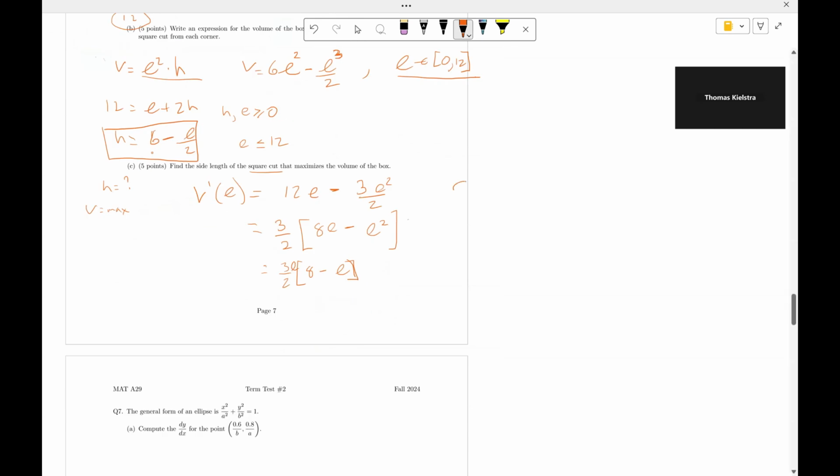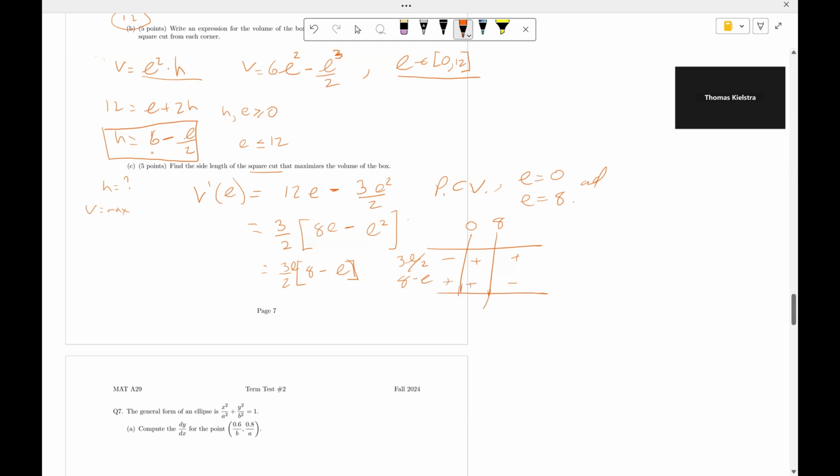Now from here, my potential critical values are L equals 0 and L equals 8. Creating a sign chart of 0 and 8, we have 3L over 2 and 8 minus L: positive, positive, negative, negative, positive, positive.